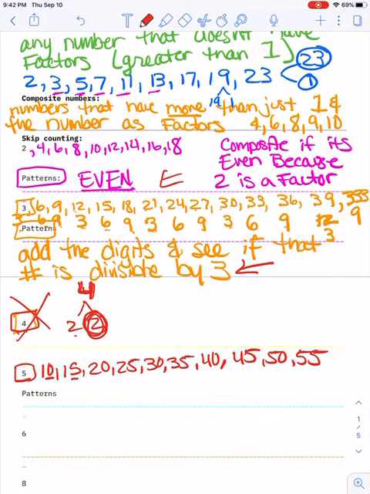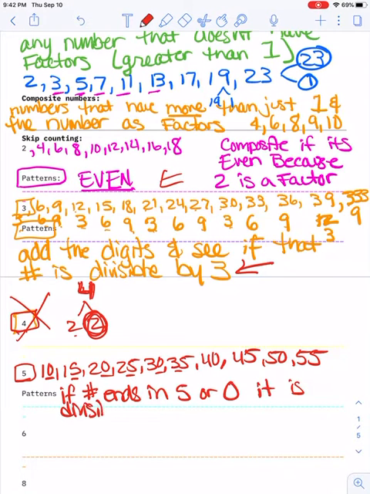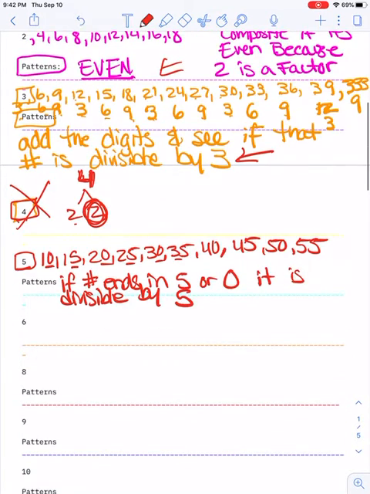I see that it's either going to end in a 5 or 0. Okay, so if the number ends in a 5 or 0, it is divisible by 5. And you probably already knew that. I imagine that's one that you caught on to.